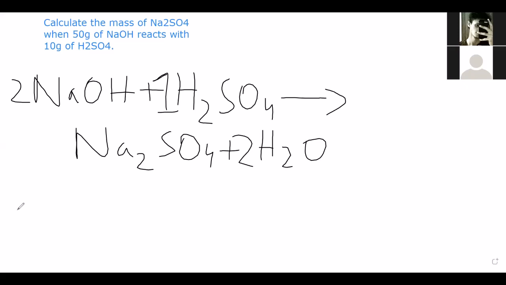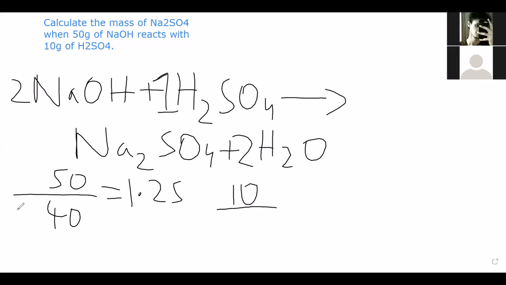For NaOH, the number of moles are 50 upon the MR, that is 23 plus 40. So the number of moles of sodium hydroxide are 1.25. For sulfuric acid, we'll divide 10 by the MR, which is 98. This is equals to 0.102.